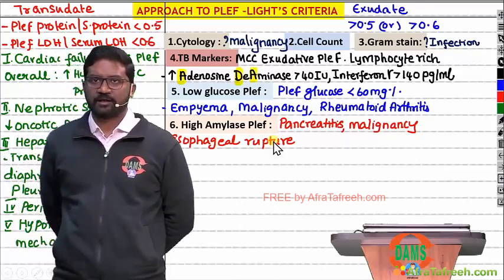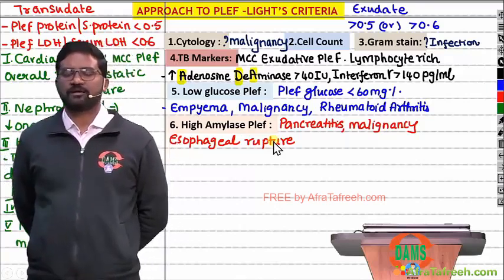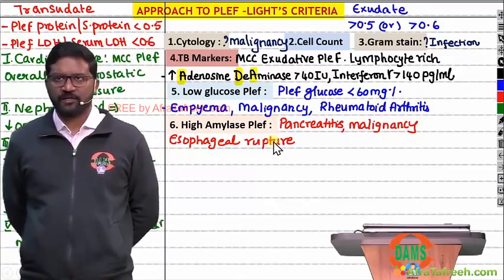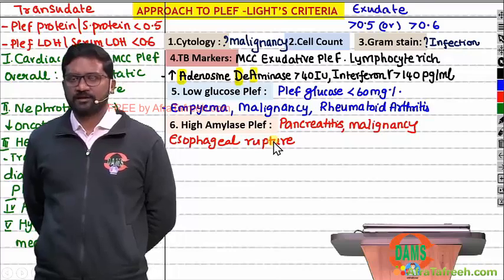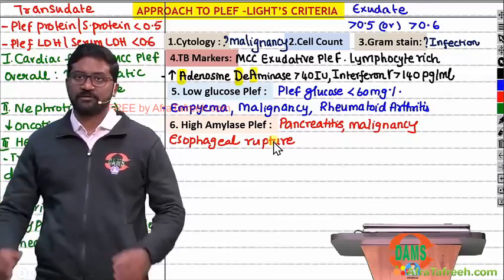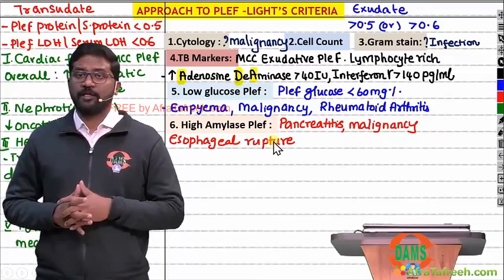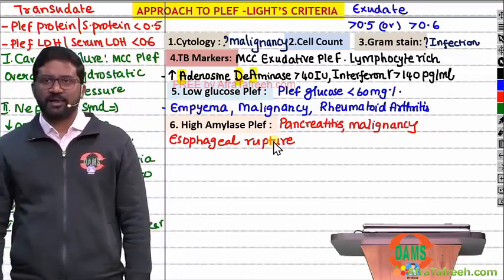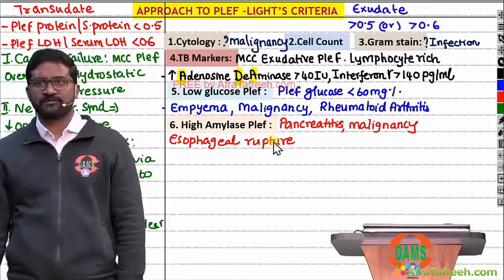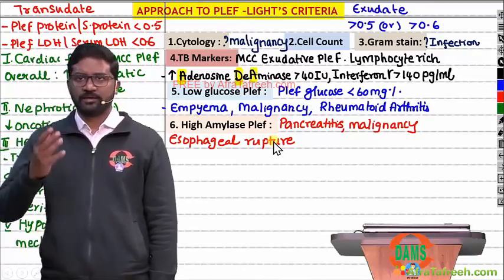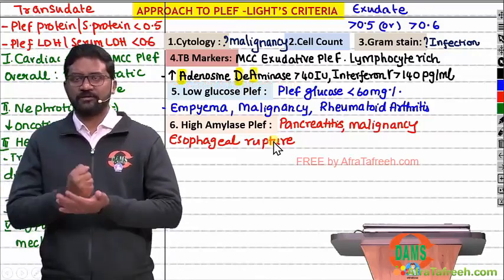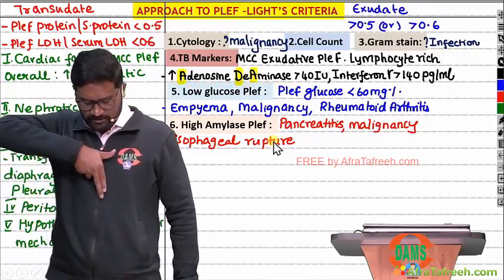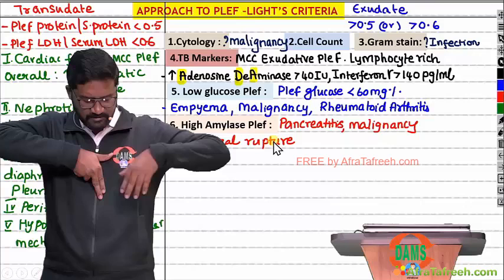What does pancreatic inflammatory fluid contain, students? Amylase. Then why in malignancy can there be high amylase pleural effusion? A few malignant cells can themselves secrete amylase. You must be knowing, malignant cells can produce whatever substance they want. Then in esophageal rupture, why is there pleural effusion? You know that the esophagus is a mediastinal structure.